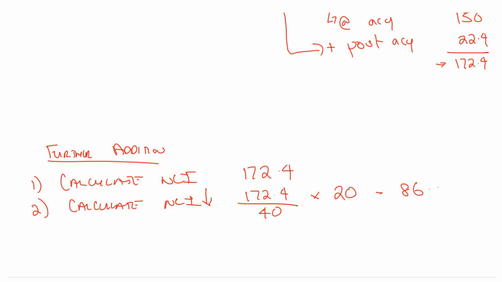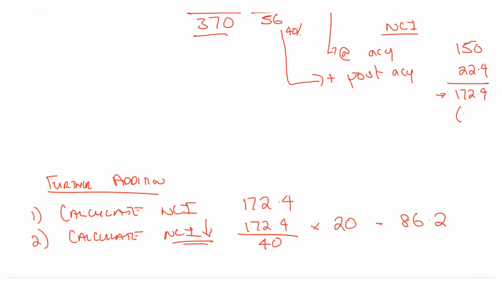That's what I have made the addition of, and therefore that's what NCI has fallen by. So if NCI has fallen by 86.2, I may as well put it in now. 86.2 fall, leaving me with 86.2 as well. And we call that minus the transfer on the further addition, because we acquired it from the NCI. Alright, so NCI is 86.2, everybody's happy.